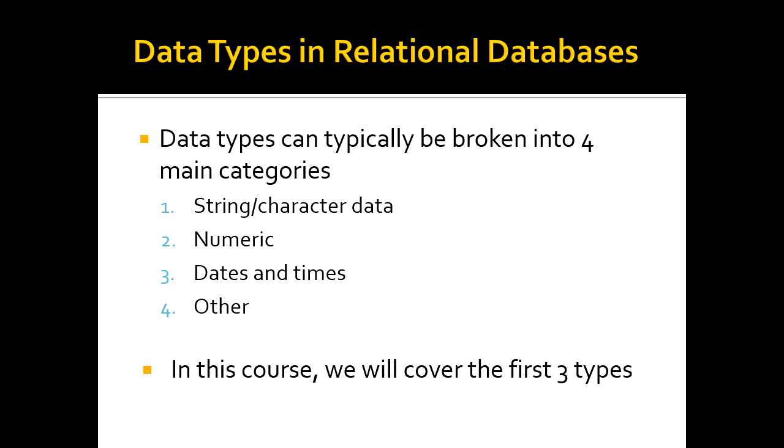All right. So in relational databases, and you hit on this perfectly earlier, we really have these 3 main types we're going to talk about, right? String or character data types, numeric, dates and times, and then there's all kinds of other things. So you can hold things like pictures or video files or the Encyclopedia Britannica in one field, right? Things like that.